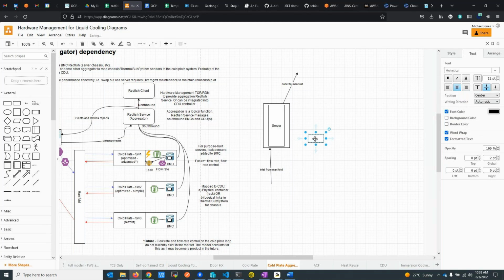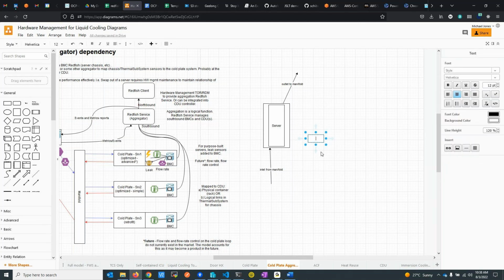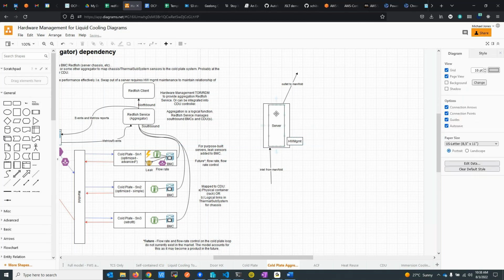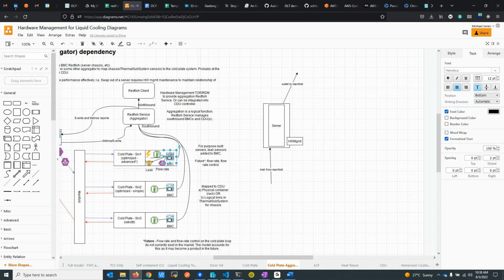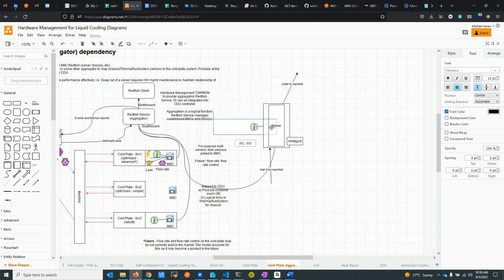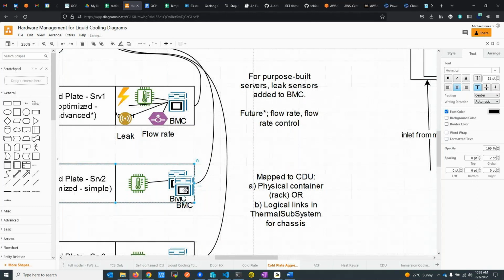Mustafa? Oops, sorry, I was muted. Yes. All right, so we can have a scenario where the actual tank has its own hardware management interface, plus within the server we've also got the BMC. So let me just grab one of those and pop that in there. Oh, seriously, the lag is killing me.